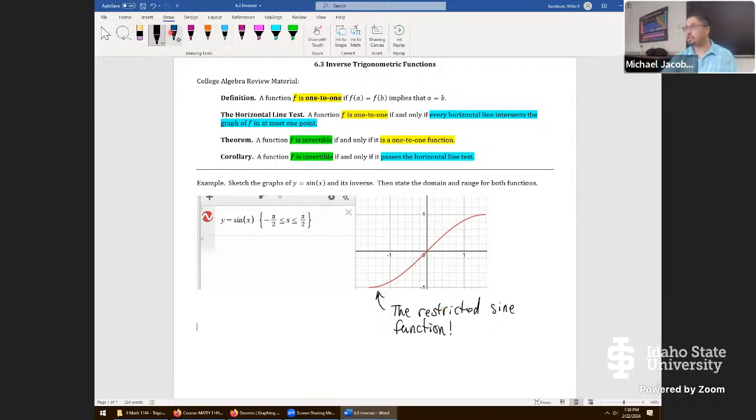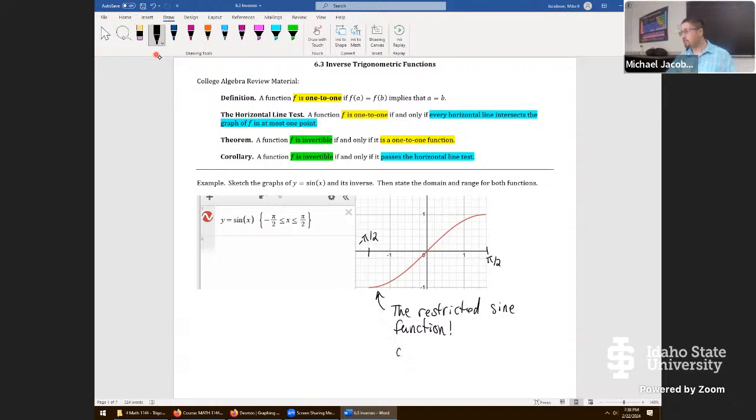So the restricted sine function, observe, it will pass a horizontal line test. Every horizontal line intersects at most once. That means you can invert the restricted sine function. Let's put down some extra information on it, though. It went from -π/2 to +π/2.